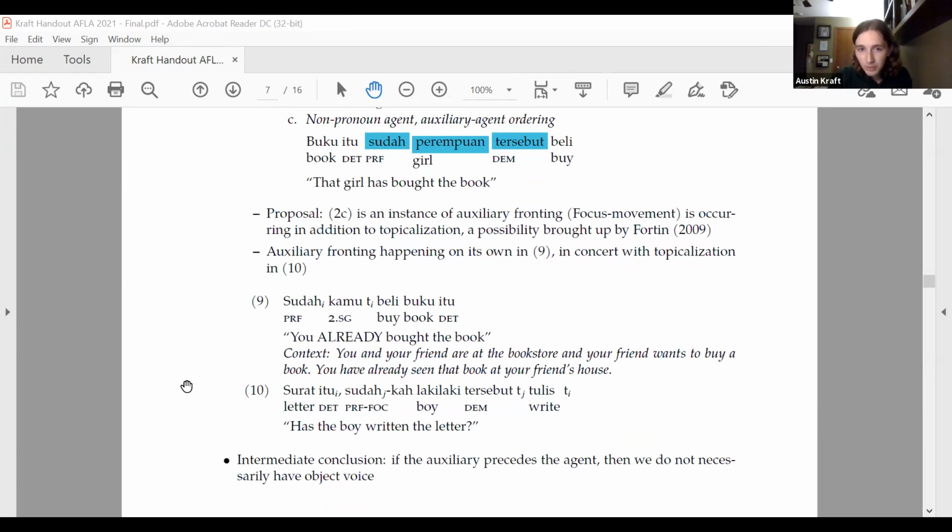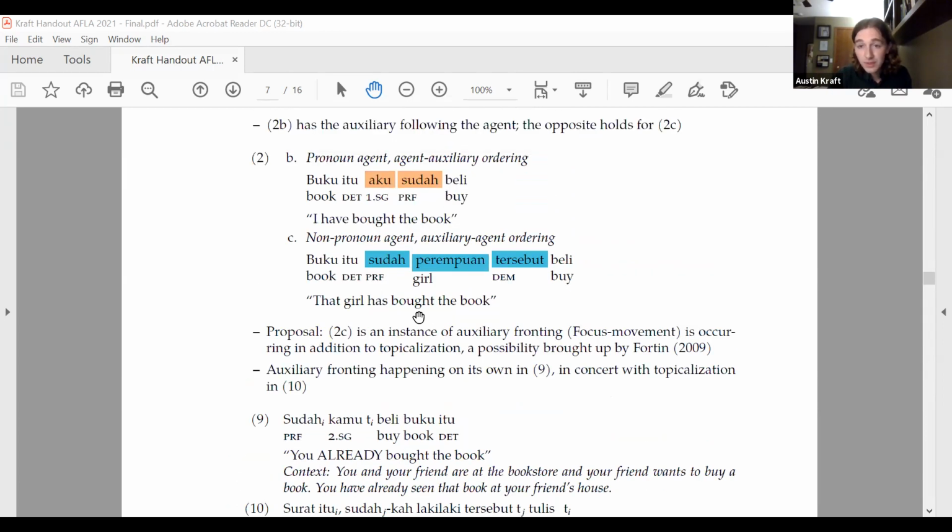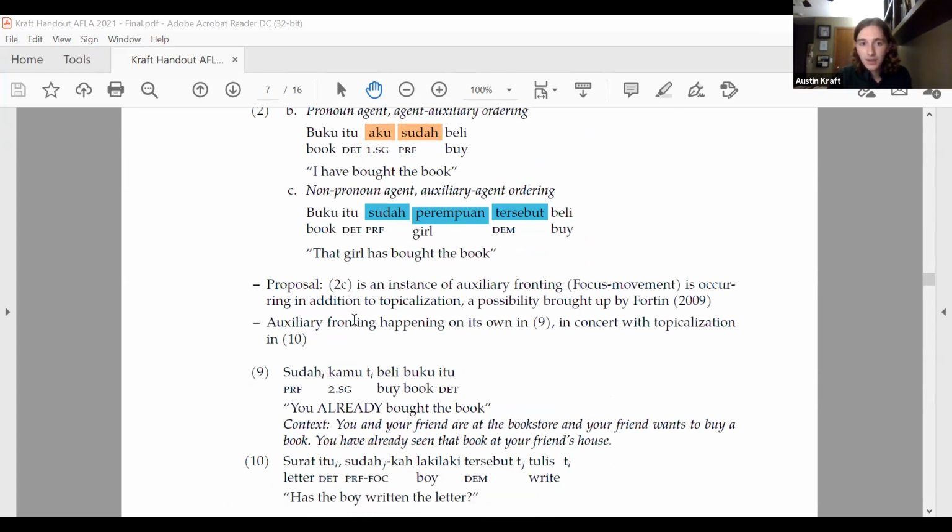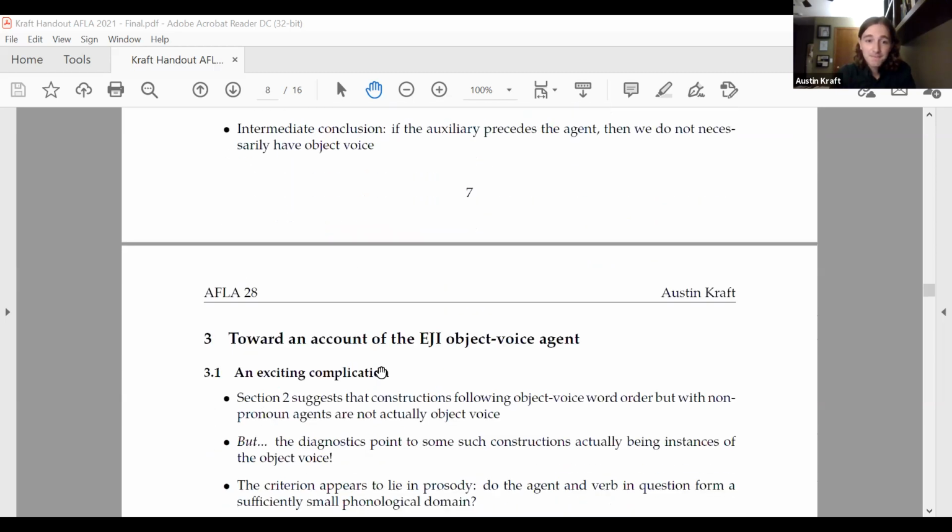So an intermediate conclusion that we have here is that a sentence, again, like 2C, is not necessarily object voice, even though it has the constituent ordering that we've come to see with Indonesian object voice.